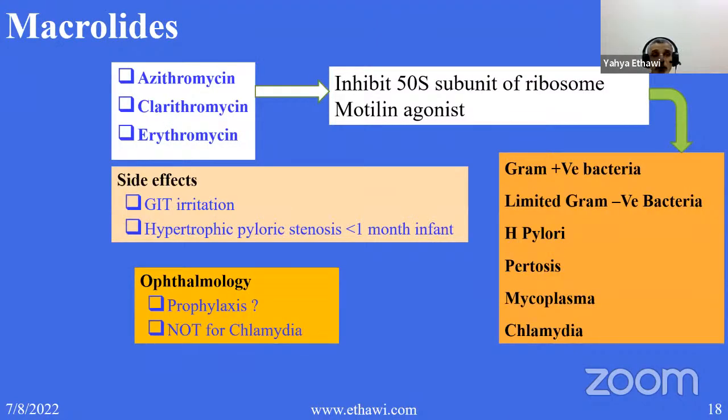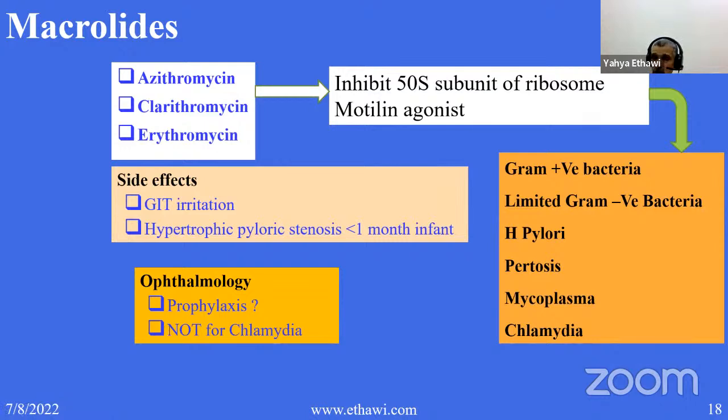Okay, so macrolides, examples are azithromycin, clarithromycin, and erythromycin. They inhibit the 50S subunit of the ribosome, and they increase motility. And that's why some people use them in certain situations, other than being antibiotics. So they are very good against gram-positive. Limited gram-negative.